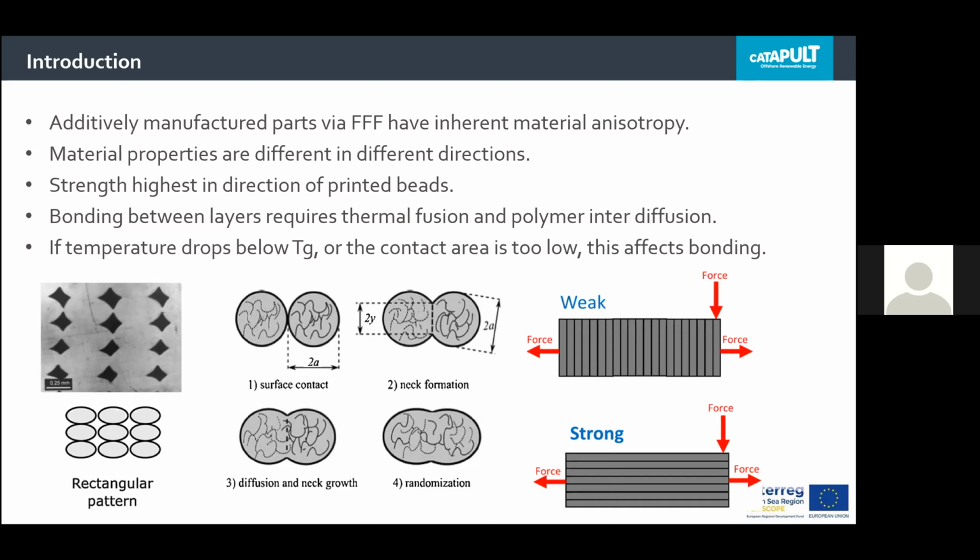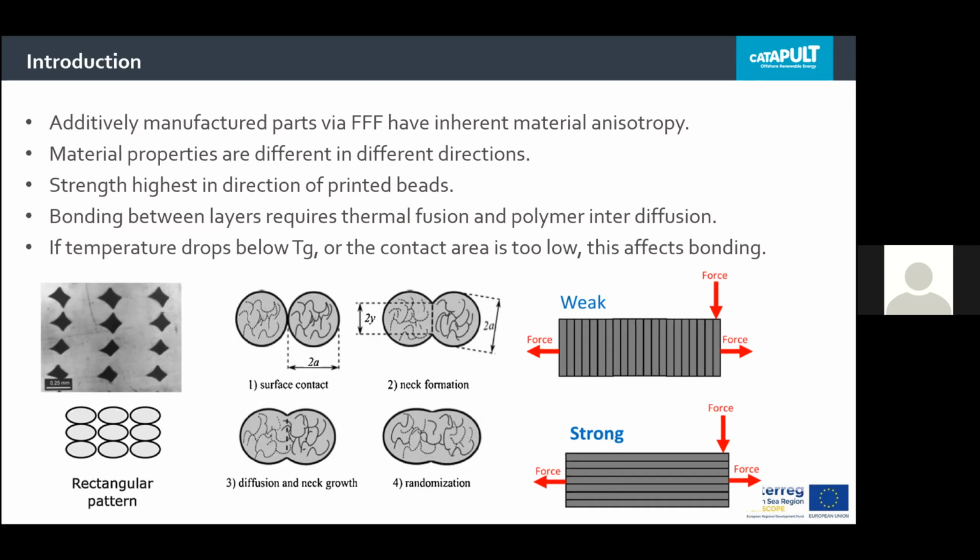However, on the corollary, if it's taking too long to print, or in the case of larger AM parts, if it's taking a long time before deposition of the next layer or the next bead, and the temperature of the area that you're depositing on, if the temperature of the beads drops too far below Tg for too long, then you get a poor interface between the subsequent layer.